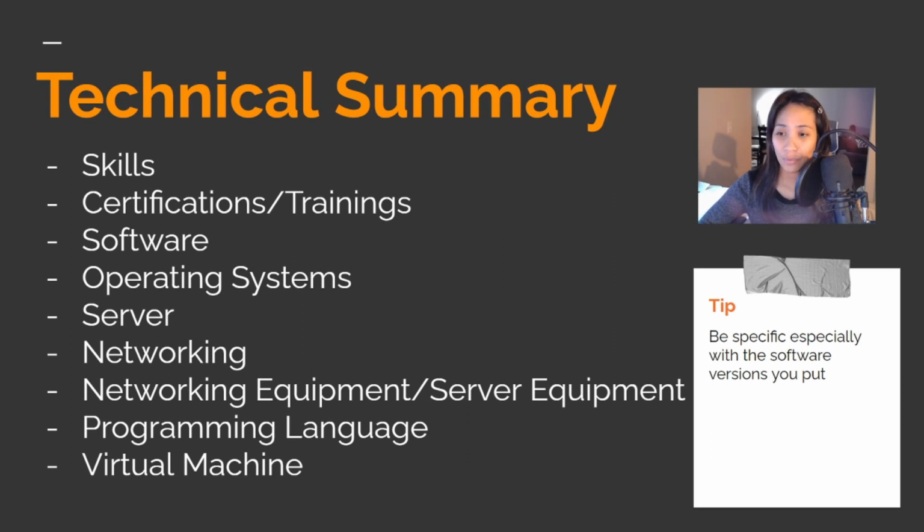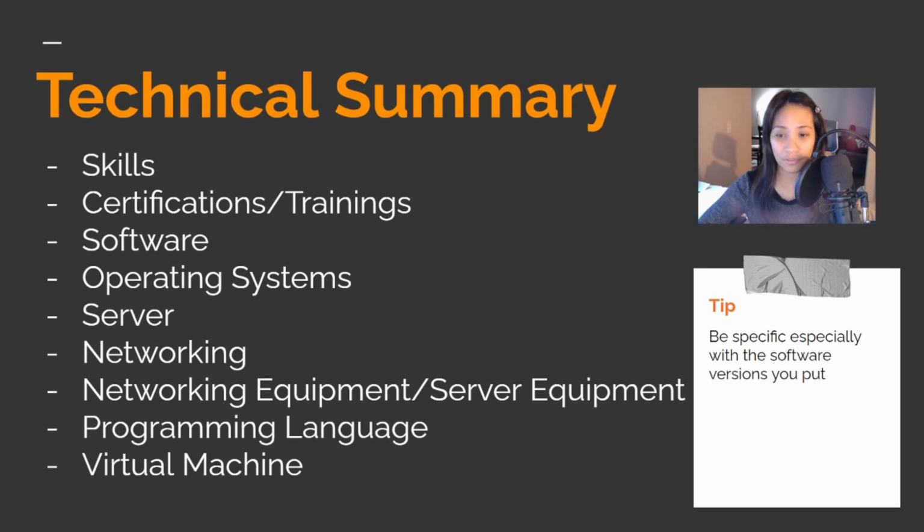First, what's important is the technical skills. Please be very specific in all of the things that you put in the technical summary. You can put technical skills here, the certifications, the trainings that you had. Next, the software that you have experience with, operating systems.